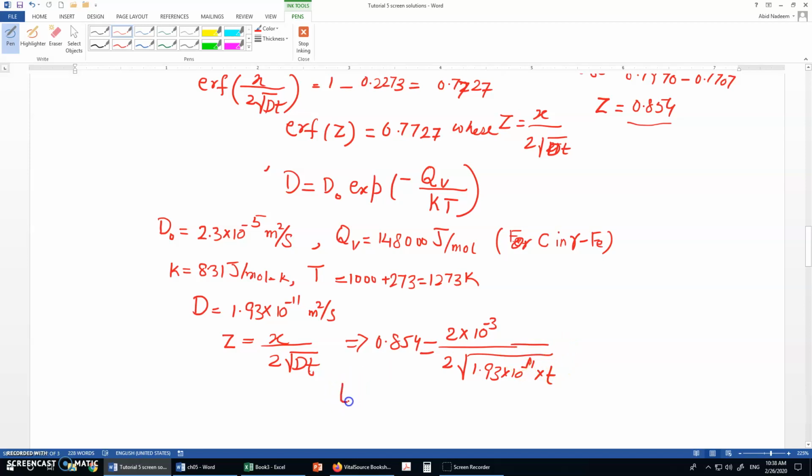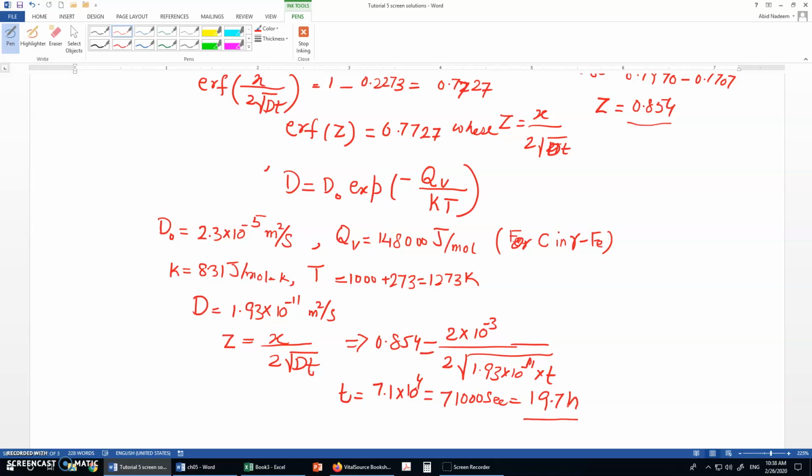Solving for t, t will be equal to 7.1 times 10 to the power 4 seconds. That means 71,000 seconds, which is equal to 19.7 hours.